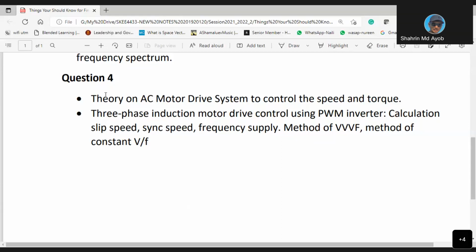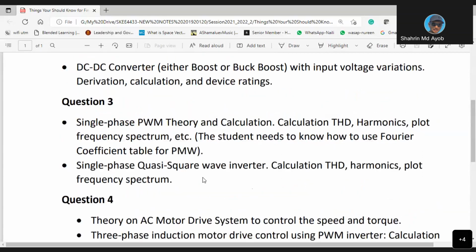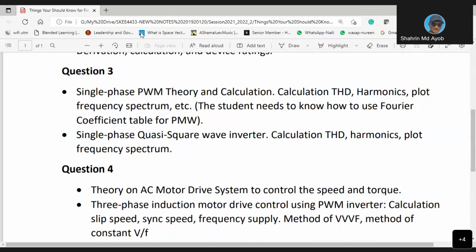And then the calculation contohnya macam slip speed, synchronous speed, frequency supply, semua tu is actually similar with example 1, example 2 like that lah. Tak ada different. Okay. So usually question number 4 and question number 3, you can refer to the previous final year exam.